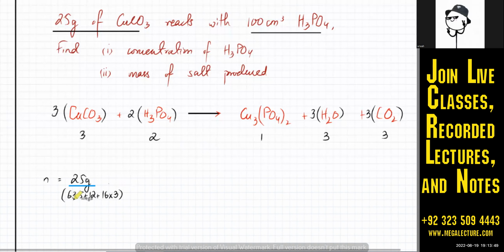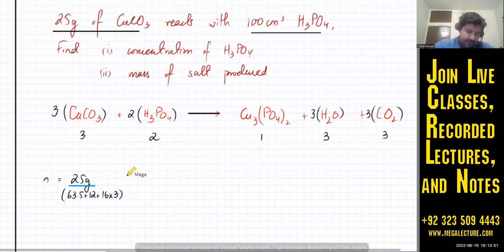Yeah. They confirm, it's 0.145, right? So anyways, you got 0.145 moles of this thing.